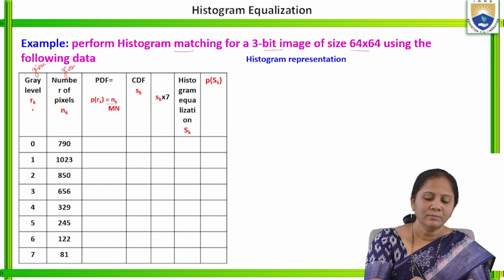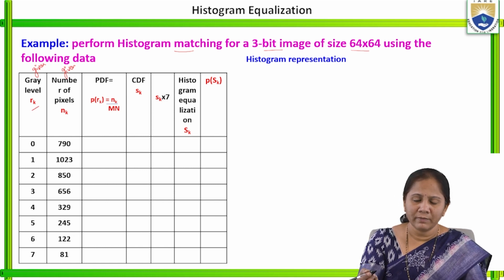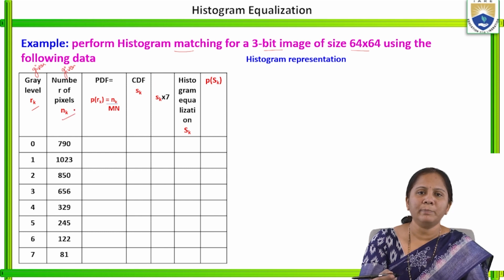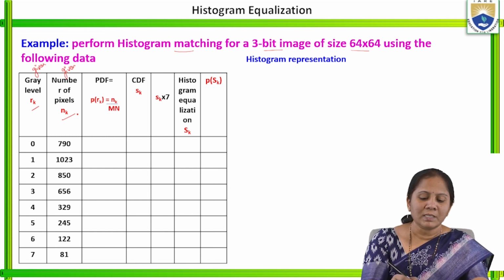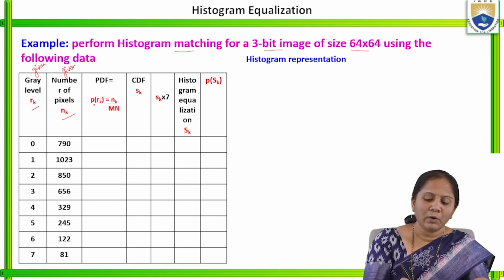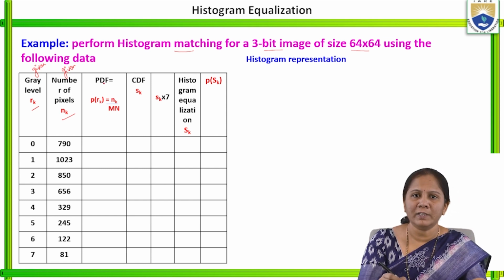Here Rk represents gray level and Nk represents the number of samples or number of pixels having the same intensity of gray level. From Rk and Nk, we have to calculate P of Rk, which is called the PDF, the probability density function.